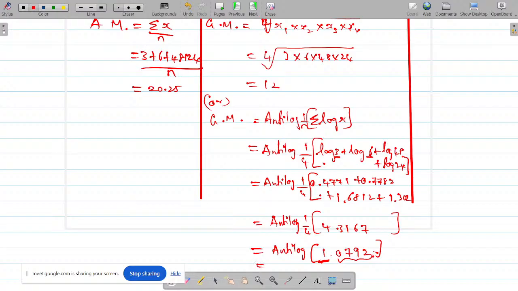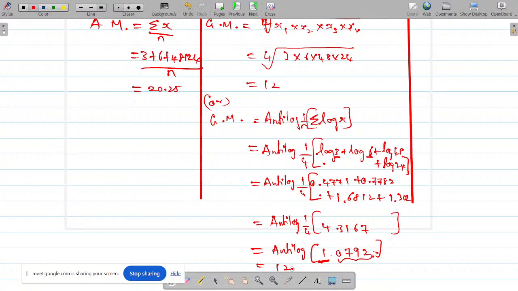Check whether you're getting 11.94. 0.792. You're exactly getting 12, I think, right?